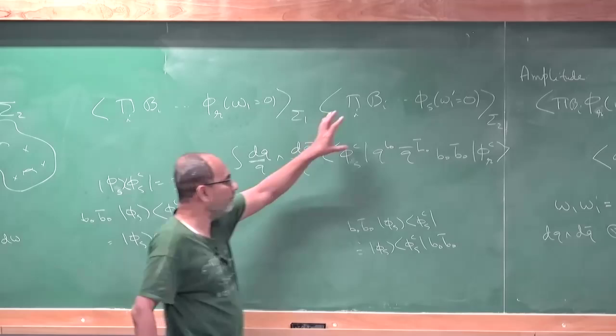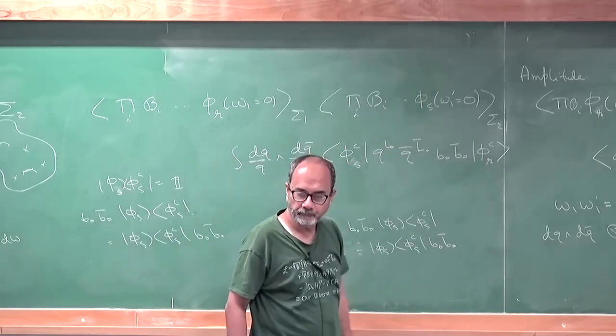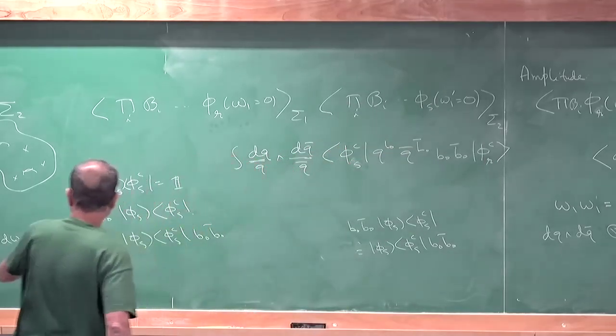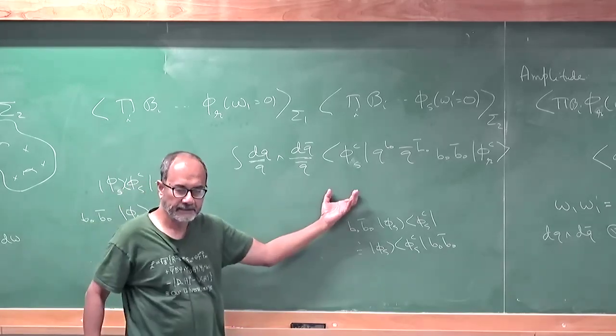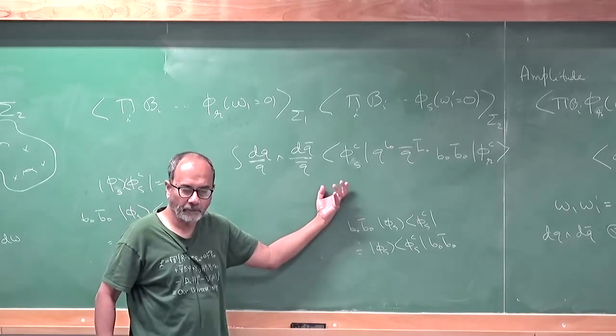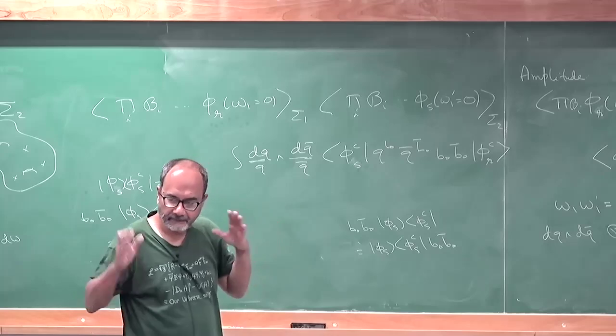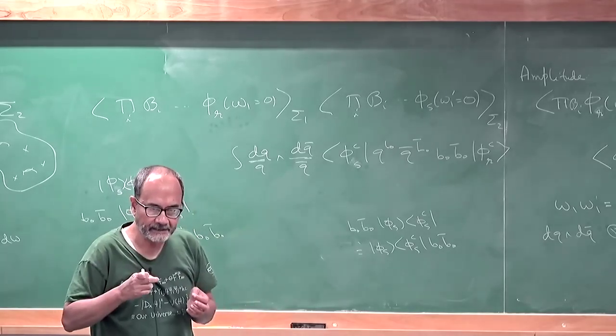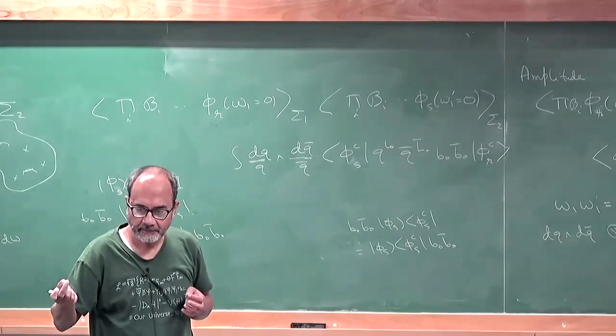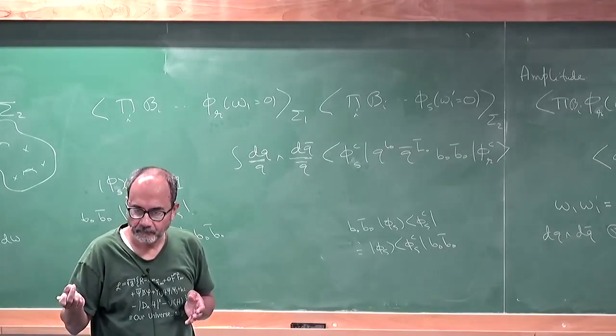This side is some amplitude computed on sigma 2. Right? And then you are saying that you are summing over all possible states here, weighted by this object. So this object you can think of as a Feynman propagator that connects the state R to S, phi R to phi S. Right?